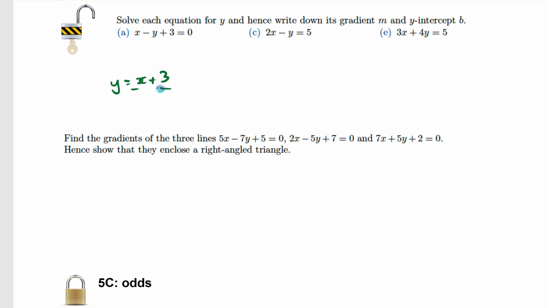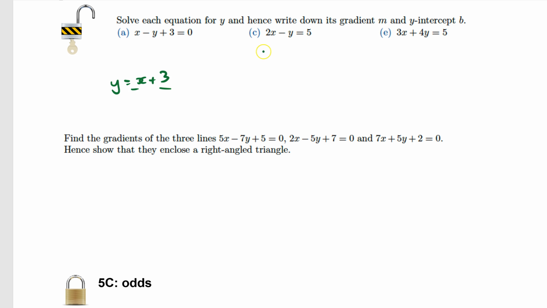So gradient 1, y-intercept of 3. But just checking, because it's written in standard form at the moment, gradient is minus a over b, so that's minus 1 over 1. And the y-intercept is minus c over b, so that's minus 3 over minus 1, which is plus 3.